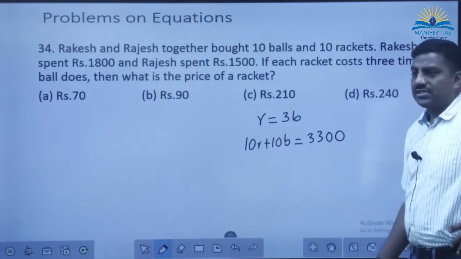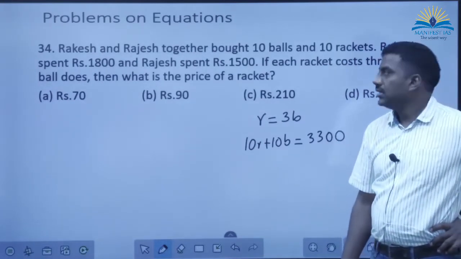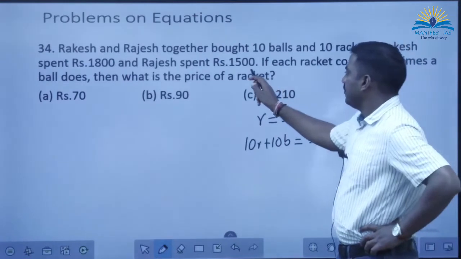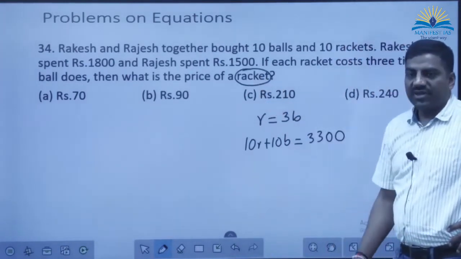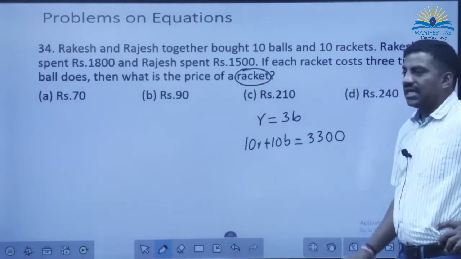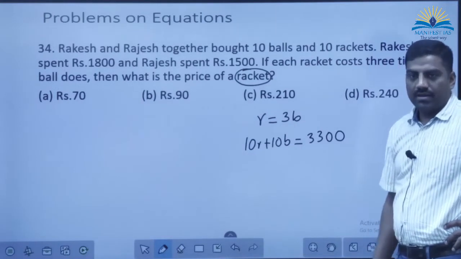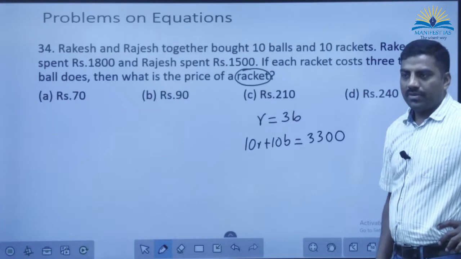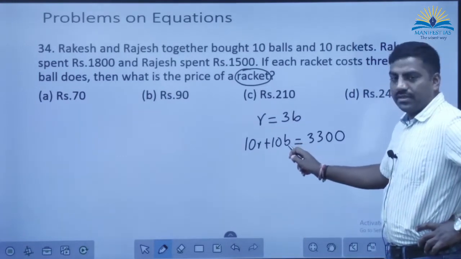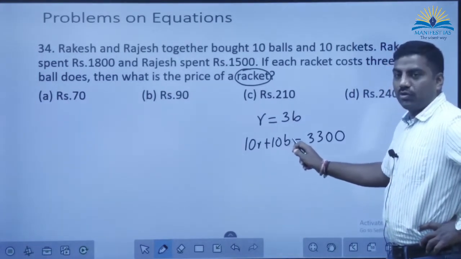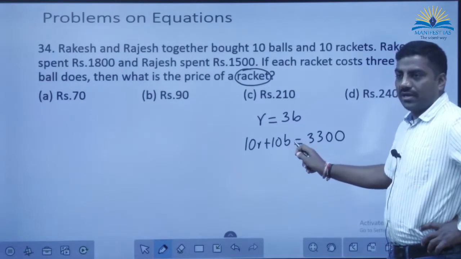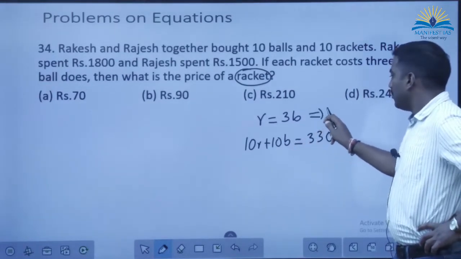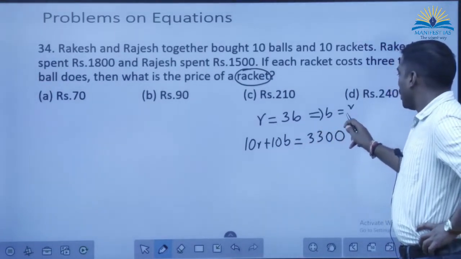Now we have two equations. What do they want at the end? Price of a racket. In these equations, I have to retain R, not B. Kick out B. So here B is there, right? Try to write B in terms of R. So how do you write? B is equal to R by 3.